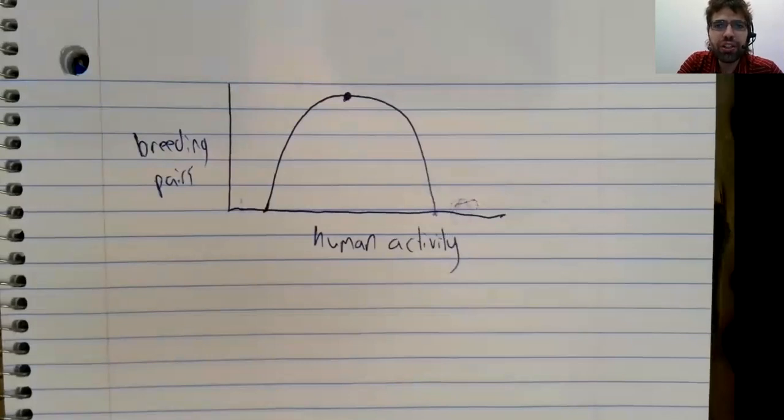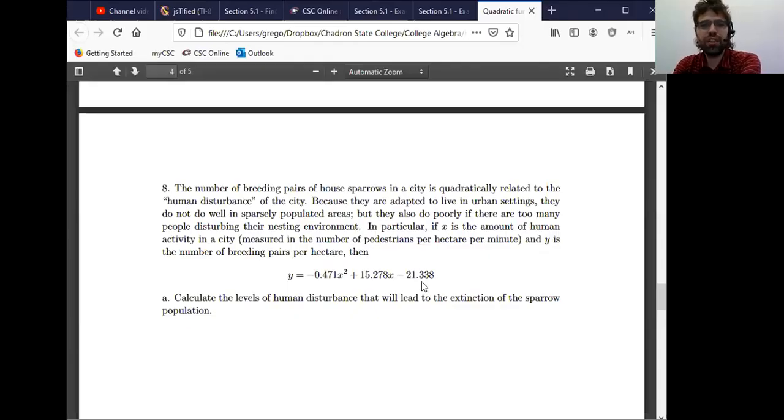We never actually finished reading the question. So here's the formula relating the number of breeding pairs to the human disturbance.